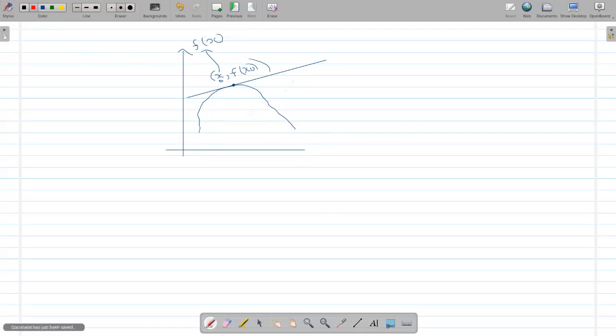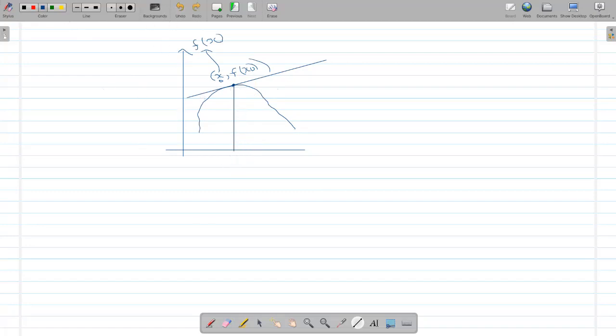So here actually the x coordinate is x naught, no?